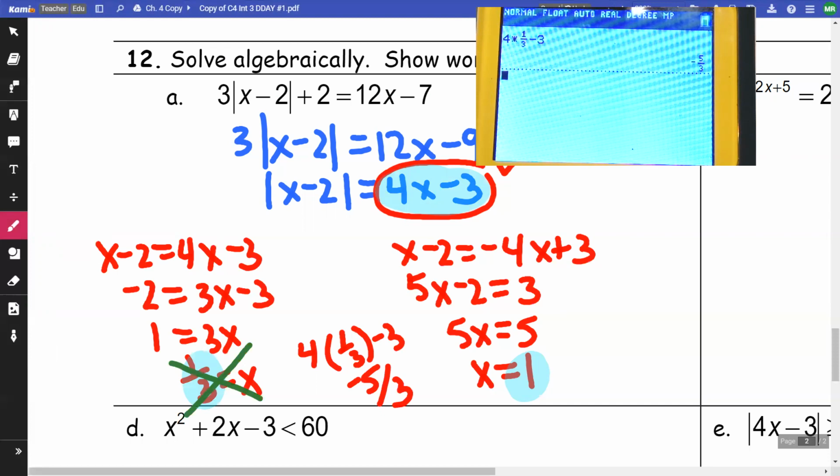Then I'm going to go 4 times 1 minus 3, and that I get a positive 1, so this one's going to be okay.